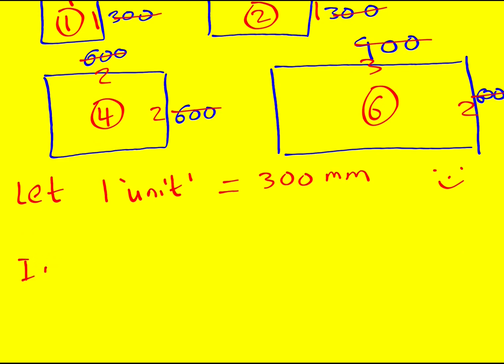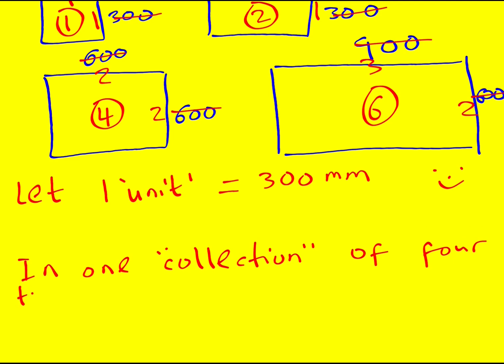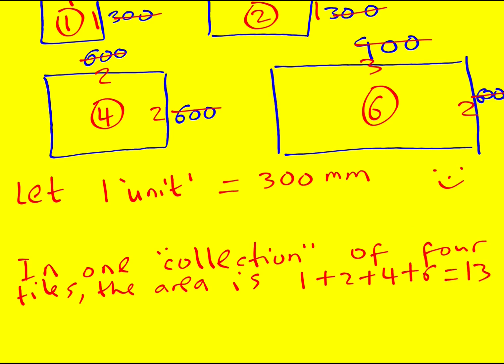So in one collection, I don't know what else to call it, collection of 4 tiles, the area is 1 plus 2 plus 4 plus 6, which is equal to 13.